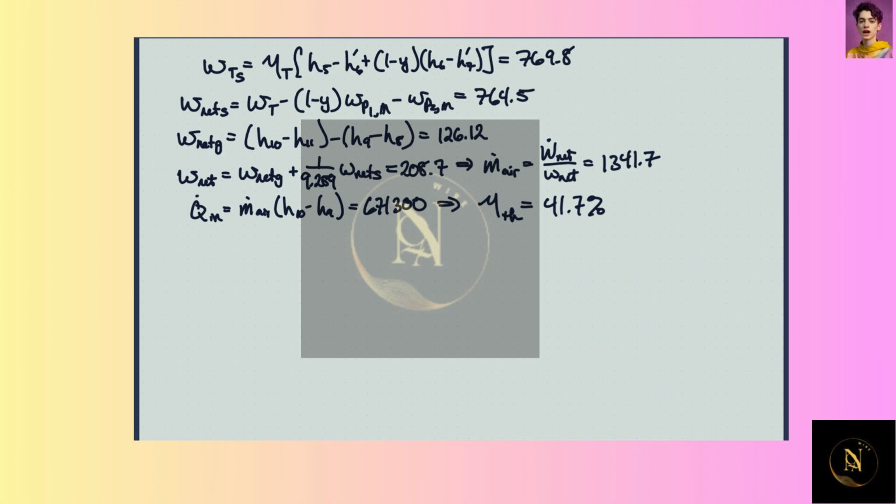And we can then get the efficiency because we know what this was. This was given, and I can't remember what it was given as. Let's see here. You look back in the book. It was given as 280 megawatts. So 280 megawatts divided by 671 megawatts gives us a thermal efficiency of about 41.7%.